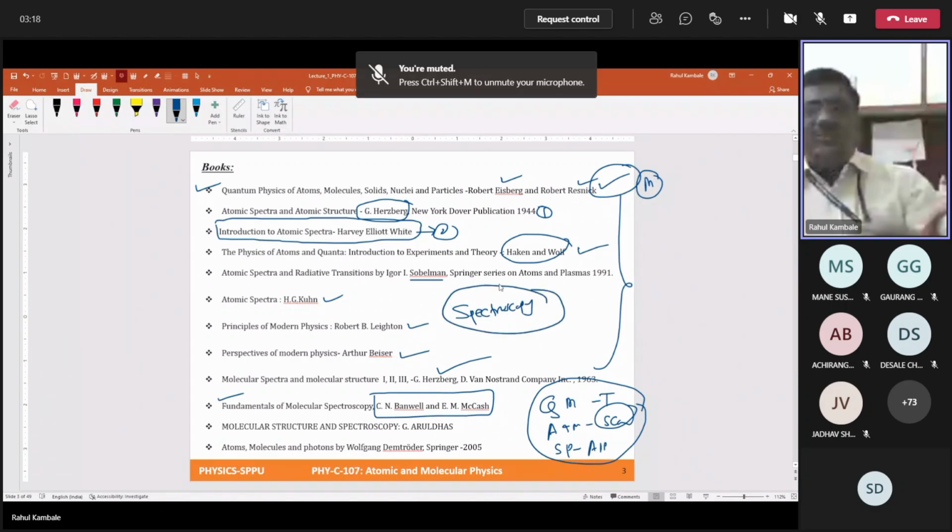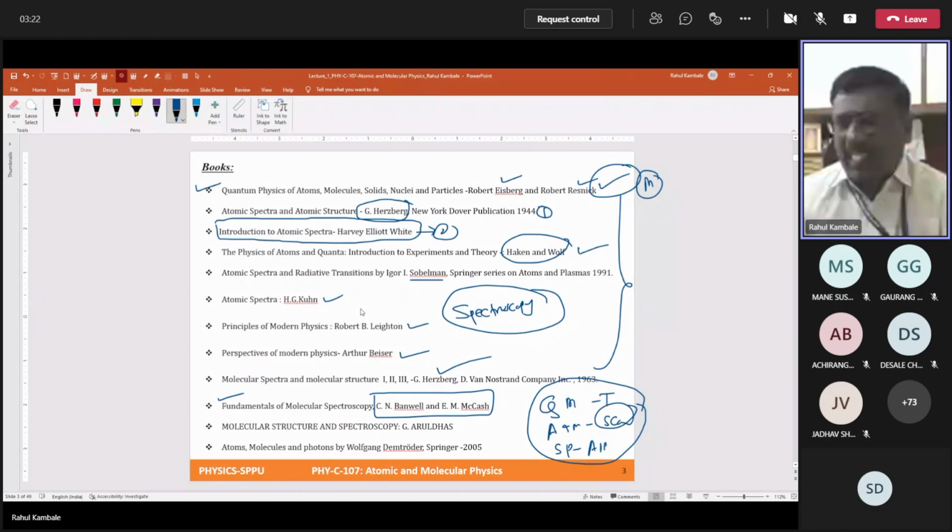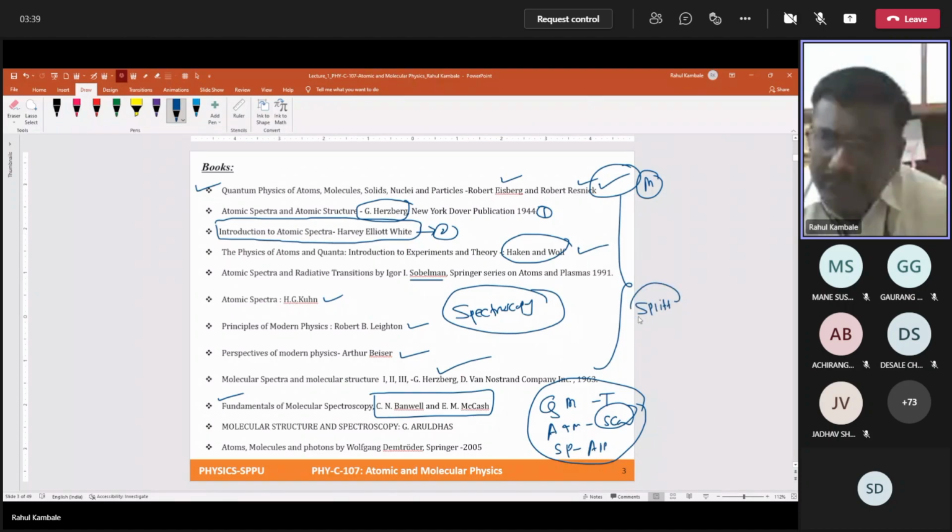So many people ask, what do you mean by spectroscopy? Anyone can tell me what you mean by spectroscopy? Students, what do you mean by spectroscopy? Splitting of light. So it can be the study of the interaction between matter and electromagnetic radiation.